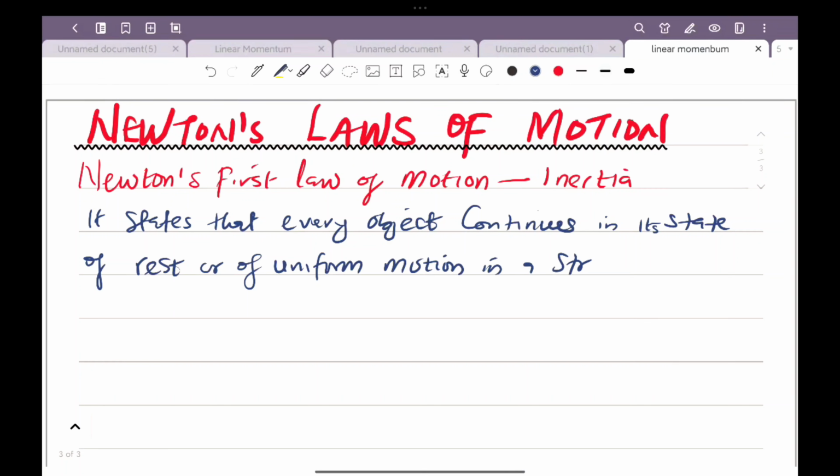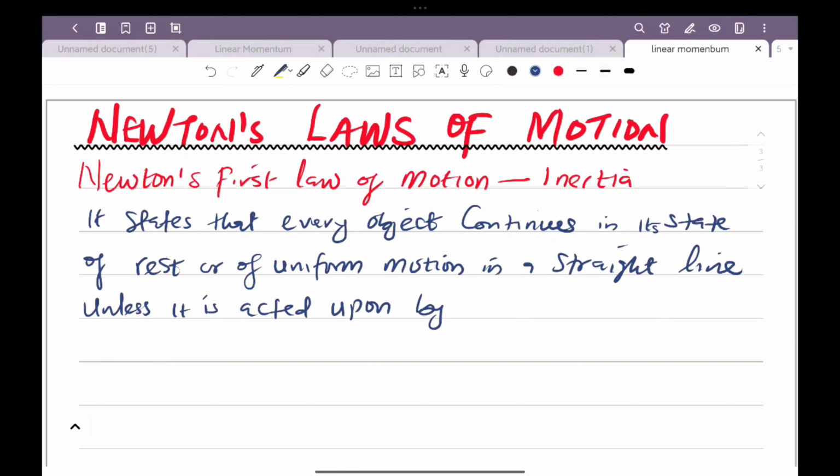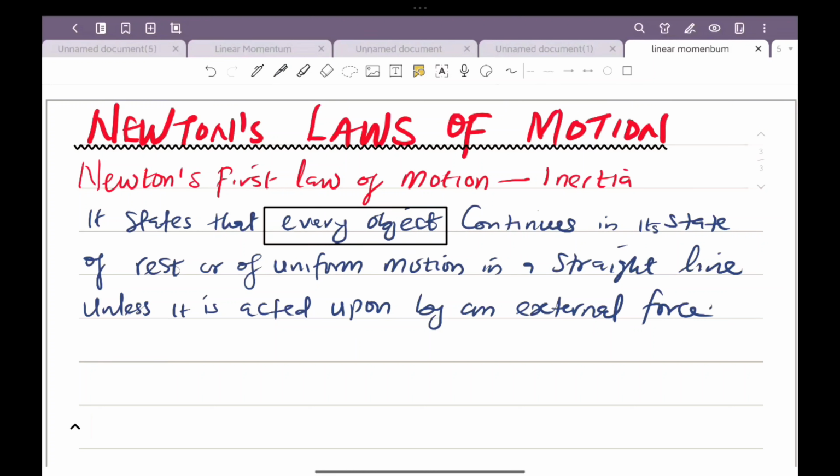If an object is not static, it might be in motion in a straight line. So every object is either at rest or in motion, and it will continue in that state unless it is acted upon by an external force, except there is a force that counters the movement of that object or tries to force that object to move. That's what Newton is trying to say.